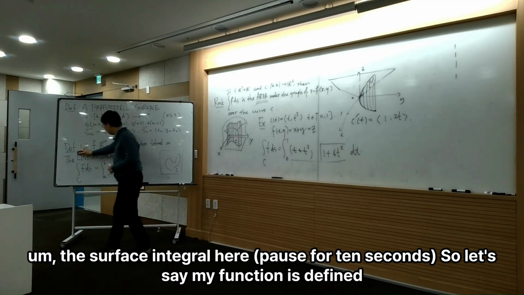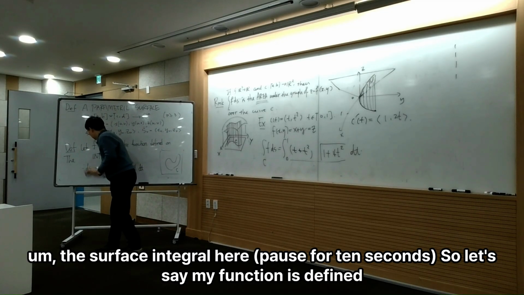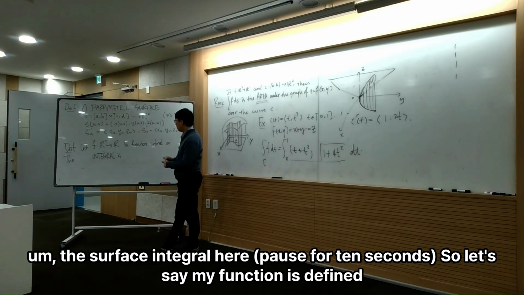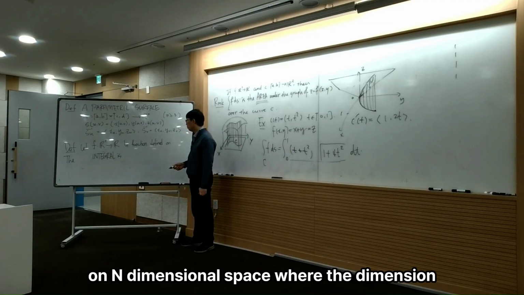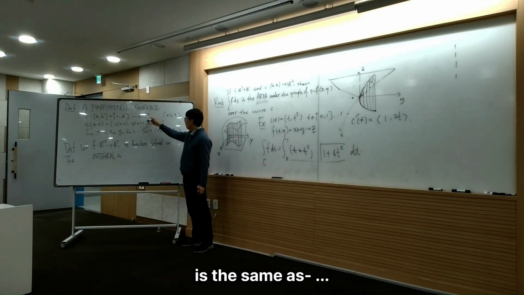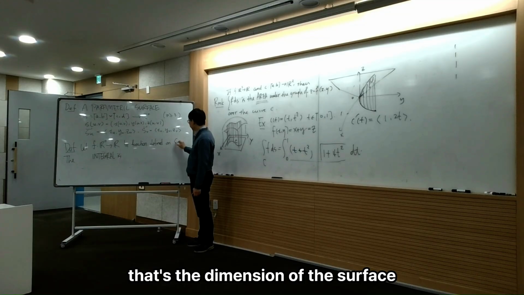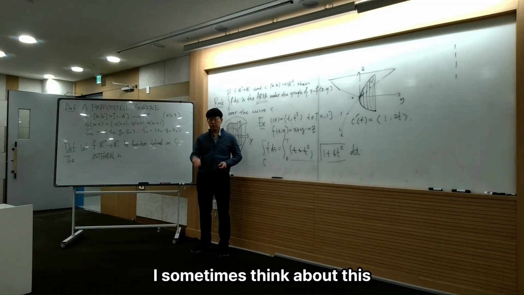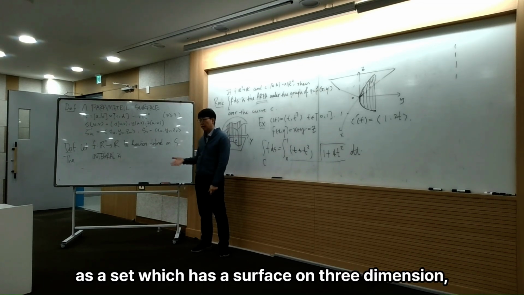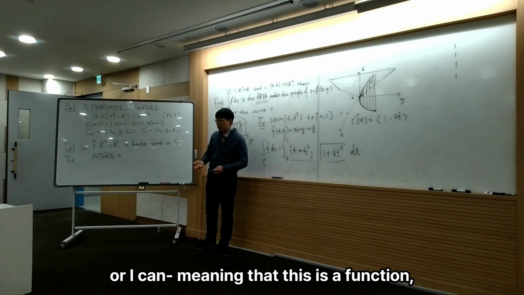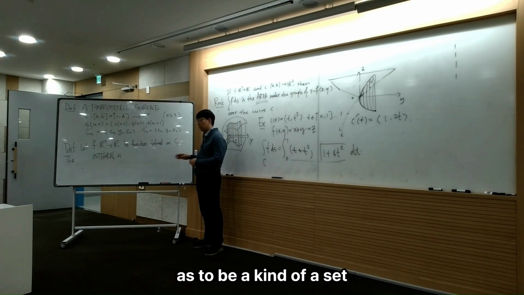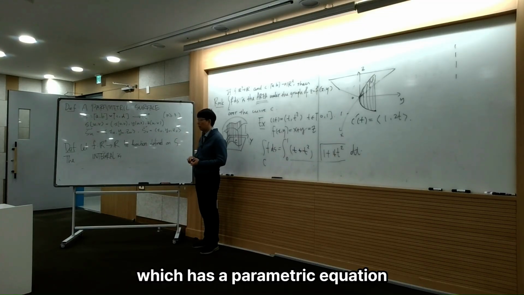the surface integral here. Let's say my function is defined on n-dimensional space, where the dimension is the same as the dimension of the surface. As with the parametric curve, when I say parametric surface, I sometimes think of it as a set, which is a surface in 3 dimensions, or as a function. In this case, I'm using the surface as a set which has a parametric equation.